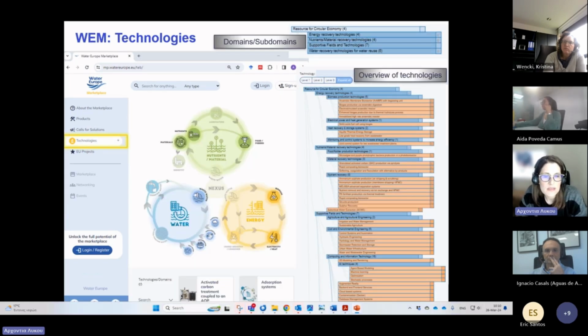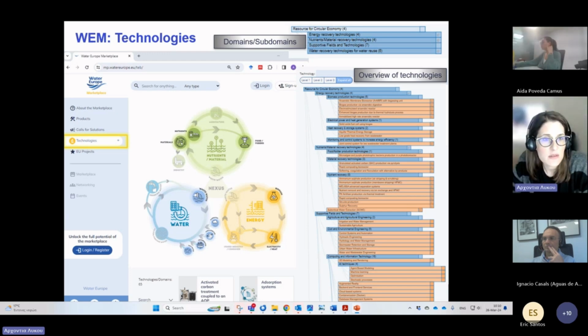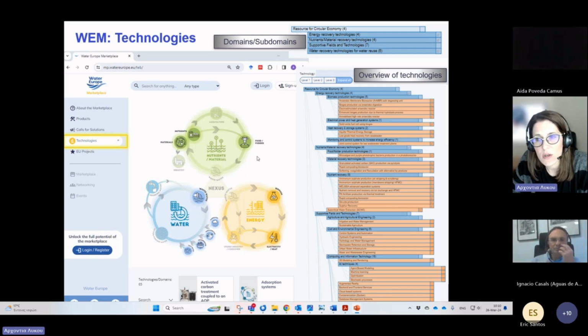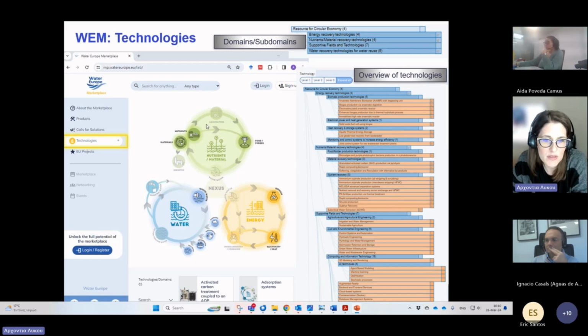Now, the most tricky one is the technology. Here you may see how somebody can navigate the marketplace into the different technologies. There is an infographic here, and then there is an overview tree where somebody can look for a technology and find its relations. As you may see, here we are referring to circular economy technologies, and we have grouped them in three big subdomains. Those are the water-related technologies, the nutrient and material recovery technologies, and the energy recovery.